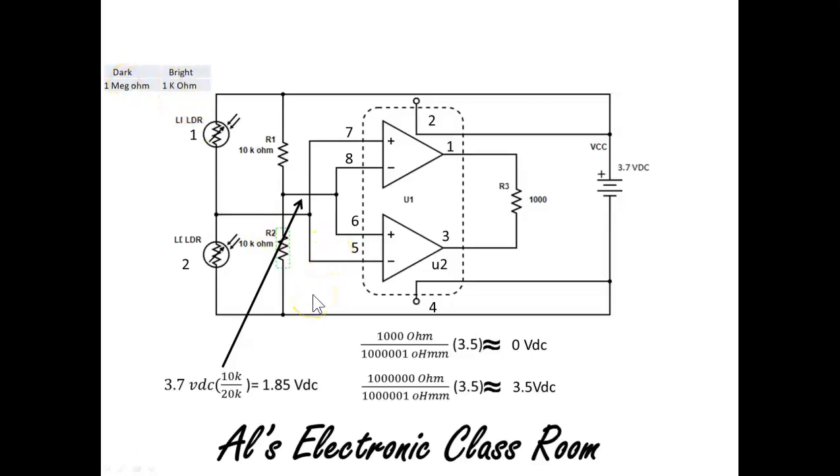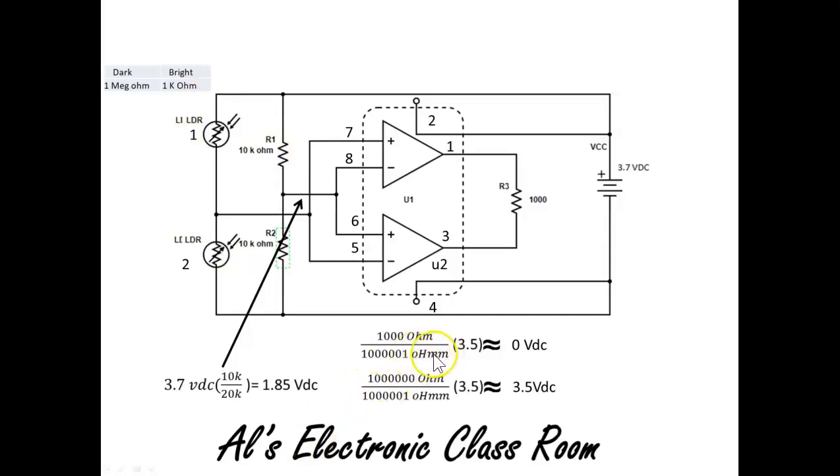So let's look at the two states. When the LDR has light shined on it, it's 1,000 ohms. The whole resistance of the circuit is more than 1 meg.